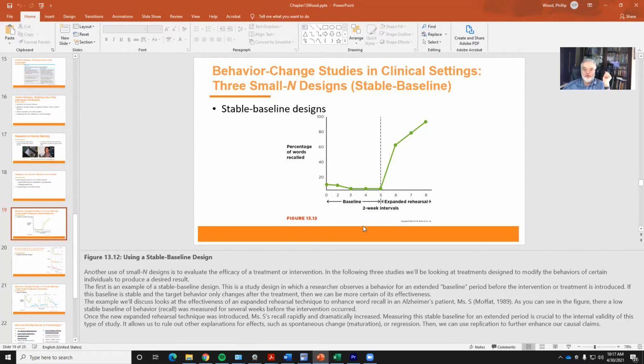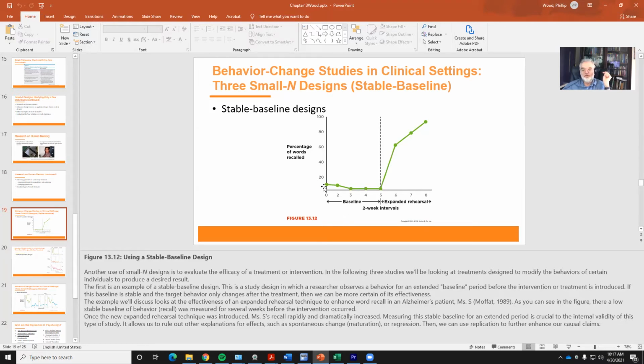And the other nice thing about this, especially if you're looking at psychotherapy, is you can vary the length of the baseline. You can also vary the length of the intervention that you're looking at. And that helps you understand whether the changes that you are seeing are going to asymptote, sort of flatten out over the course of time, or they're going to keep on going. And also extending the baseline lets you know a little bit more what's the variability in performance that happens.